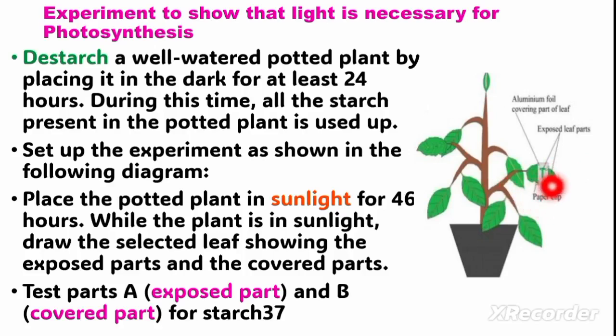What will happen is that when we test for starch on the exposed part, we are going to have a positive test, the exposed part will show the presence of starch. Then the covered part will show the absence of starch. So we can now say that light is very important in the process of photosynthesis.